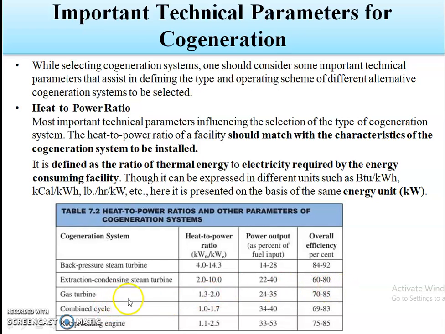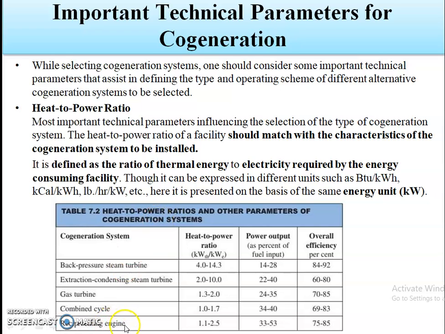For the gas turbine unit, the heat to power ratio is 1.3 to 2.0. The power output is 24 to 35%, and finally we get an efficiency of 70 to 85%. For the combined cycle unit, the heat to power ratio is 1.0 to 1.7, the power output is 34 to 40%, and the overall efficiency is 69 to 83%.